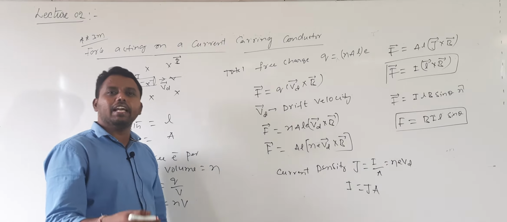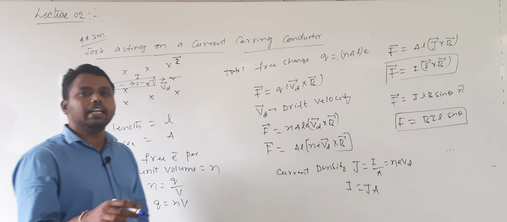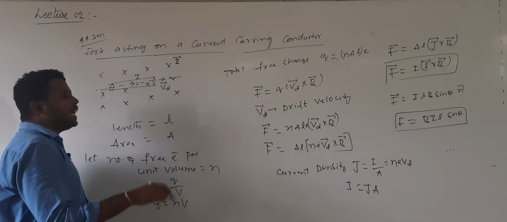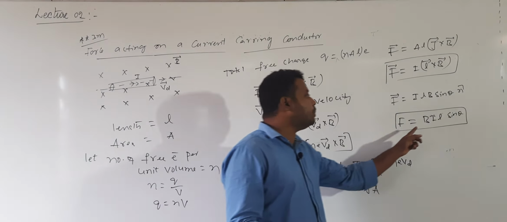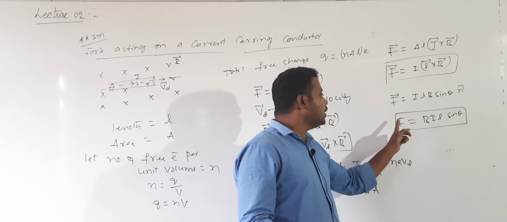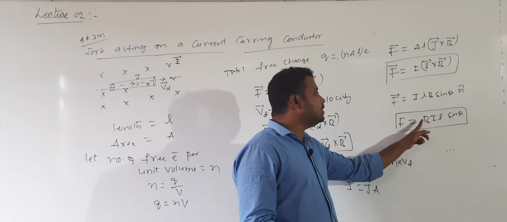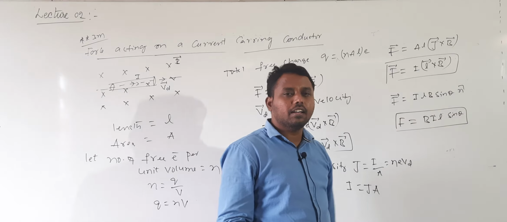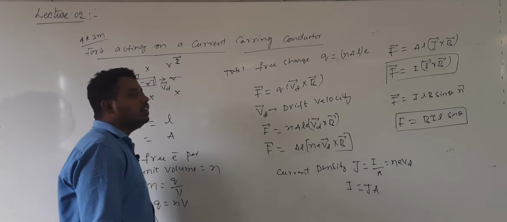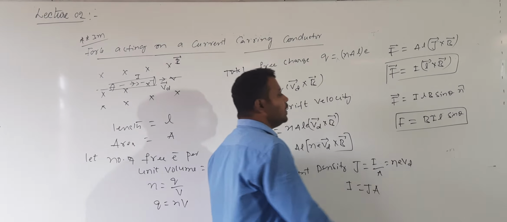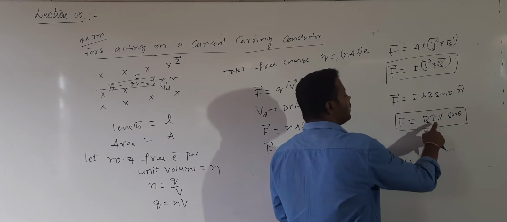Whenever a conductor of length L, area of cross section A, carrying a current I is placed in an external magnetic field of induction B, the force acting is given by F is equal to BIL sin theta. What is theta here? Theta is the angle between B bar and L bar, so the direction of L bar should be taken in the direction of I.